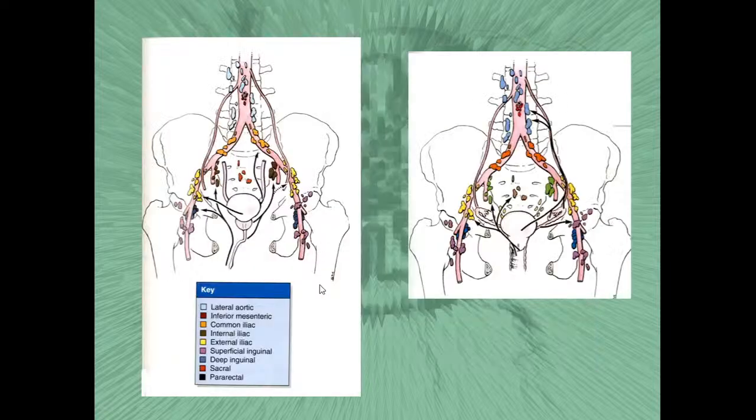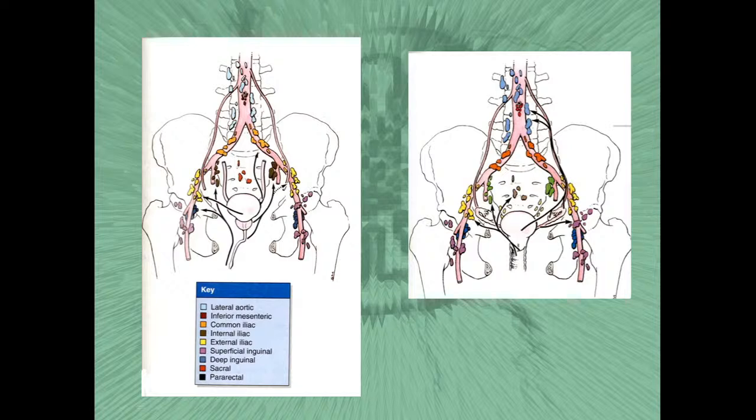From the external genital organs in males and in females, lymph drains first to the superficial inguinal lymph nodes, then to the external iliac lymph nodes, common iliac lymph nodes, then to the lumbar trunk, and to the thoracic duct.